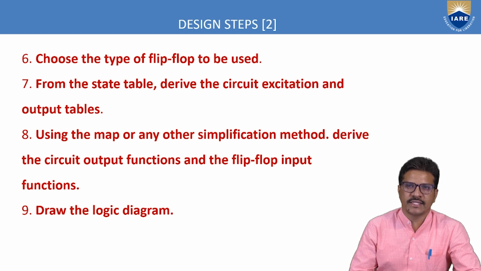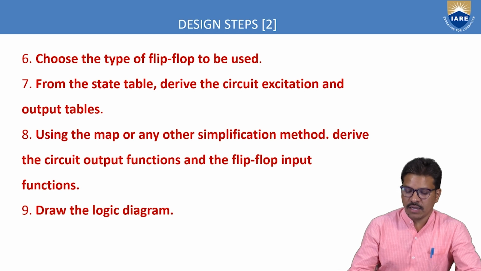Once we create the excitation table from the state table, we can easily simplify the Boolean function of each column for the flip-flop inputs and outputs with the help of a map, whether it is a K-map or any other simplification method. Once you derive the simplified Boolean functions of each flip-flop input, we draw the logic diagram.